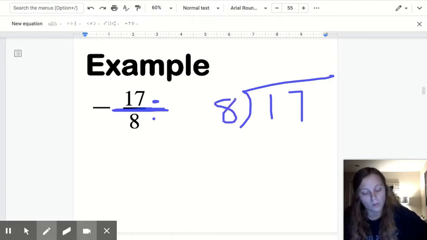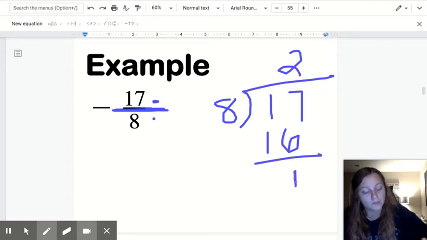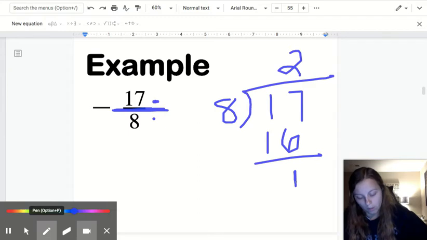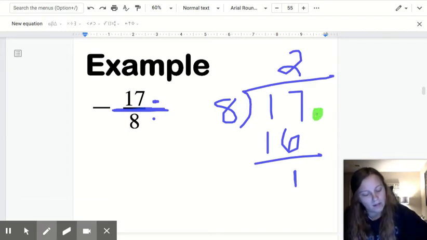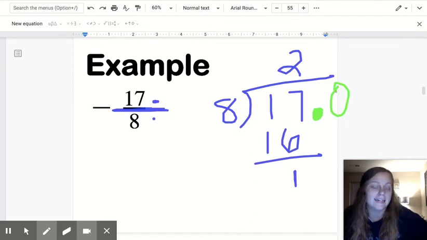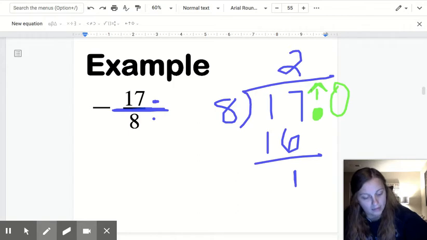Eight does not go into 1, but it does go into 17 2 times, which is 16 and 1 left over. Since we're going to a decimal, we can't have any remainders. So what we do now is we add a decimal and a 0. If I added a decimal in my question, I have to also add a decimal in my answer.